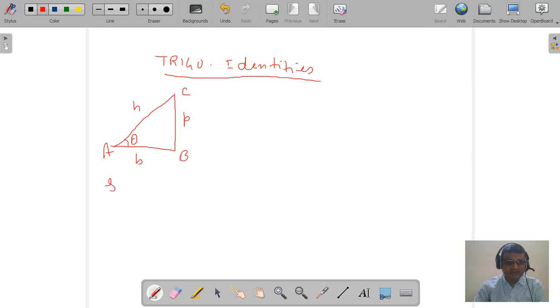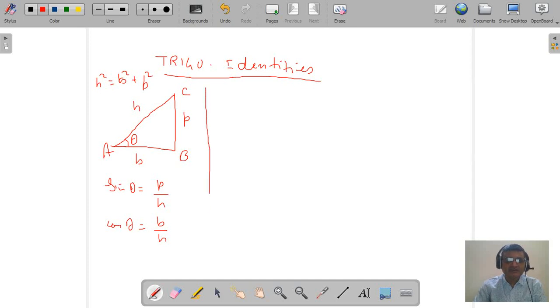So in this case we can see that sine theta is equal to P upon H, and cos theta is equal to B upon H. We know that H square is equal to B square plus P square.